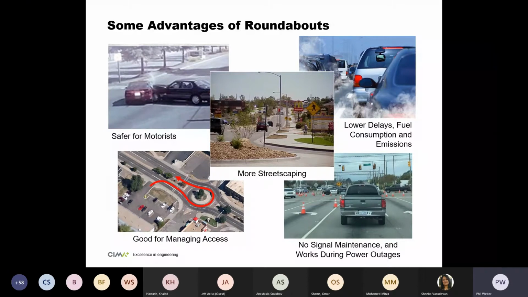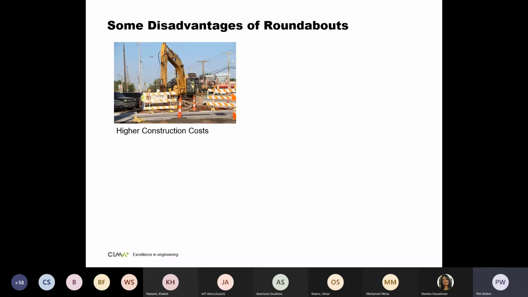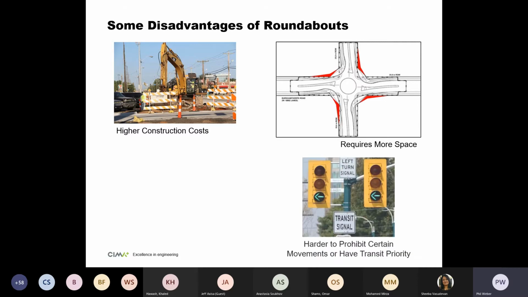But roundabouts come with disadvantages as well. Nothing's all pros and no cons. One of the big ones is higher construction costs, not always, but most times. Another is that they require more space at an intersection. Those are two big disadvantages right off the bat, and that's why we're not putting them in everywhere. Something maybe not quite so obvious: roundabouts are harder to prohibit certain movements or provide transit priority.